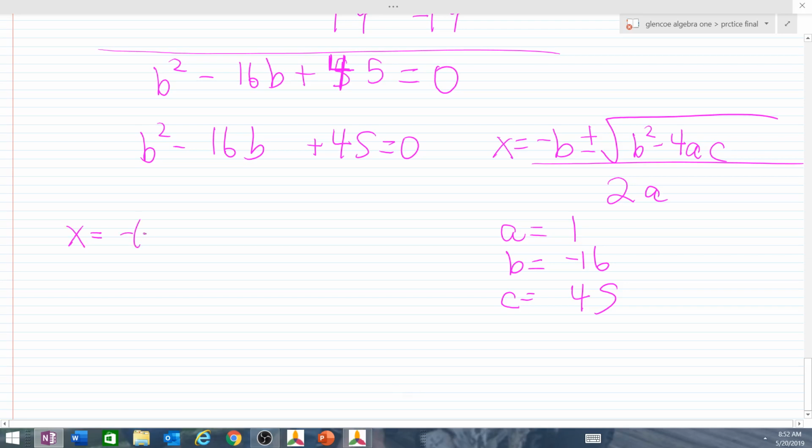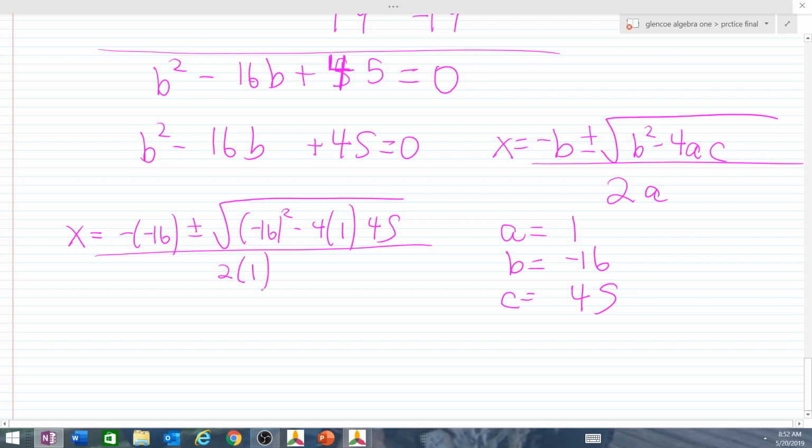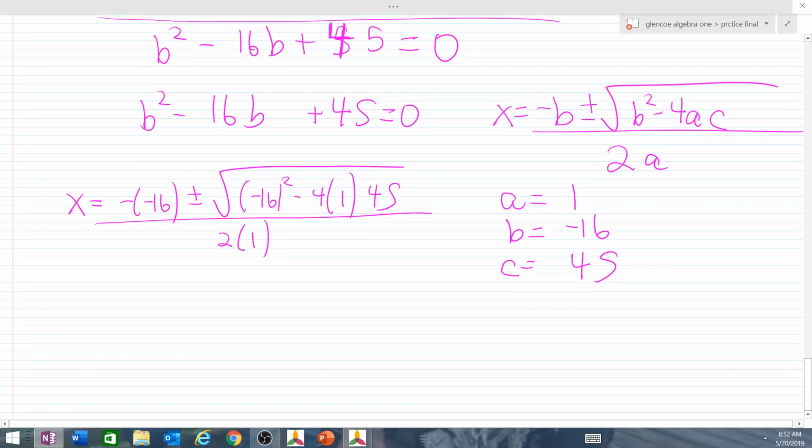X equals negative of negative 16 plus or minus the square root of negative 16 squared minus 4 times 1 times 45, all over 2 times 1. So this would be x equals 16 plus and minus the square root of 256 minus 4 times 45 is 180.